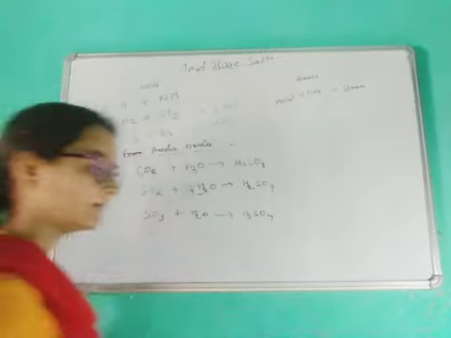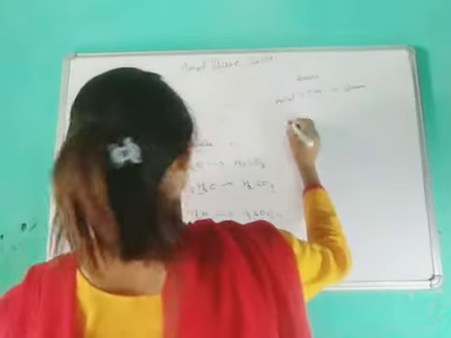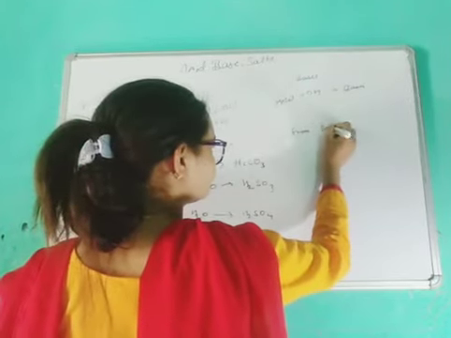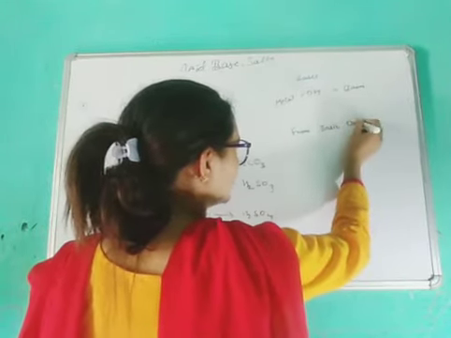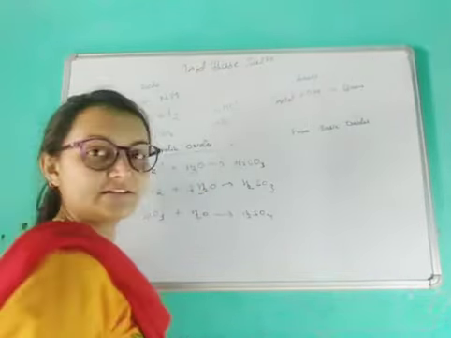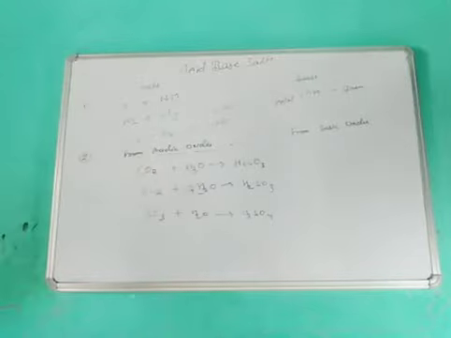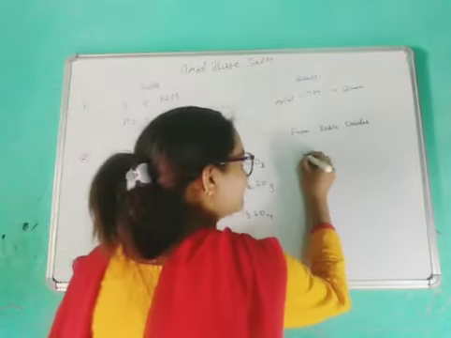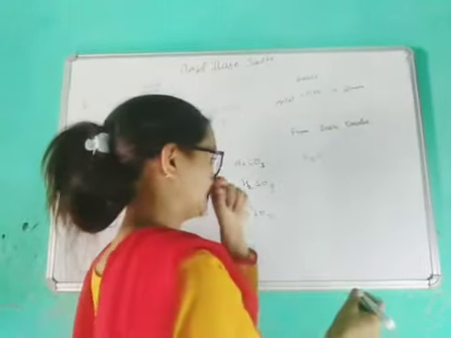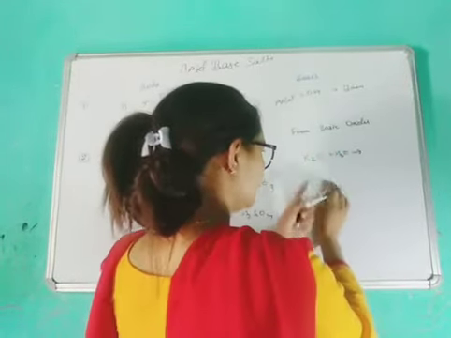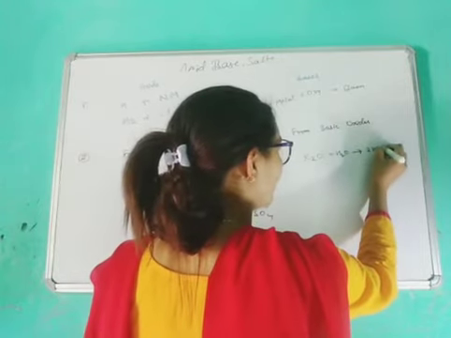Now from basic oxides. Basic oxides, like K2O and Na2O. These are the basic oxides. You have to react them with water. For example, K2O, potassium oxide, reacts with water and forms 2KOH.